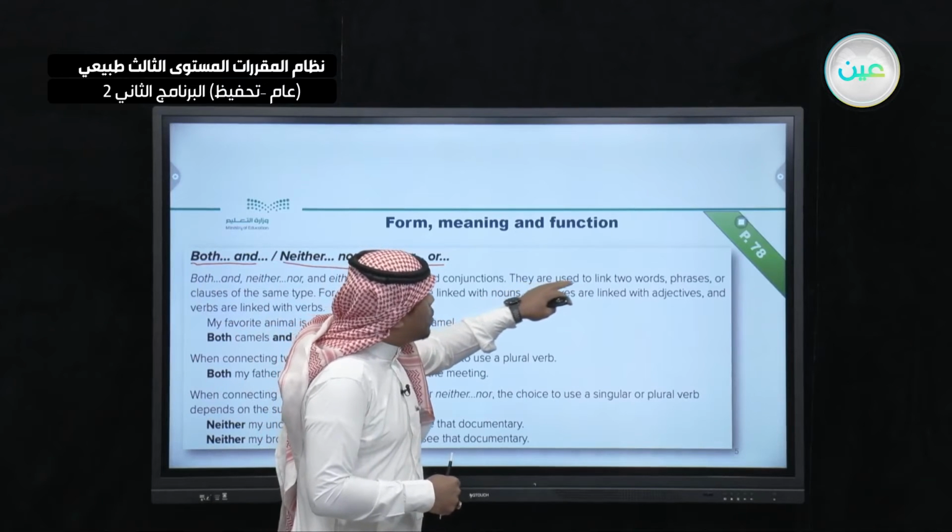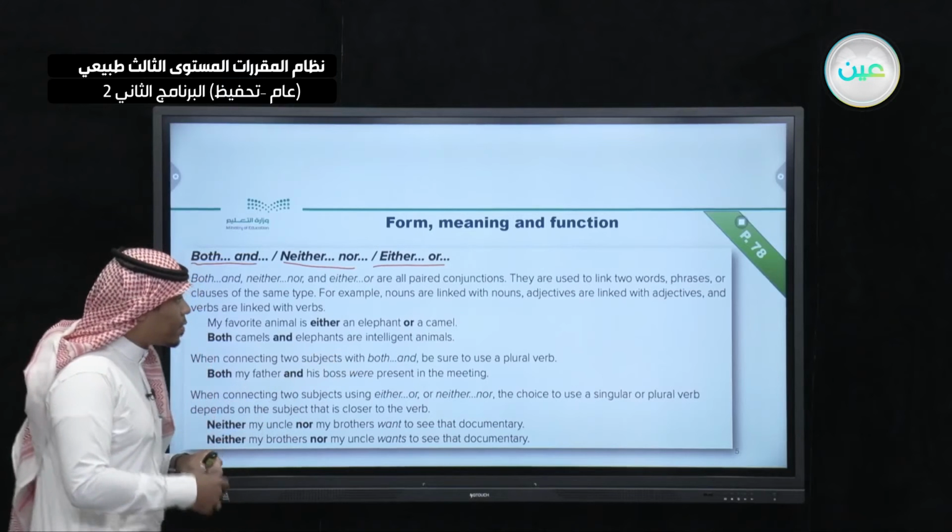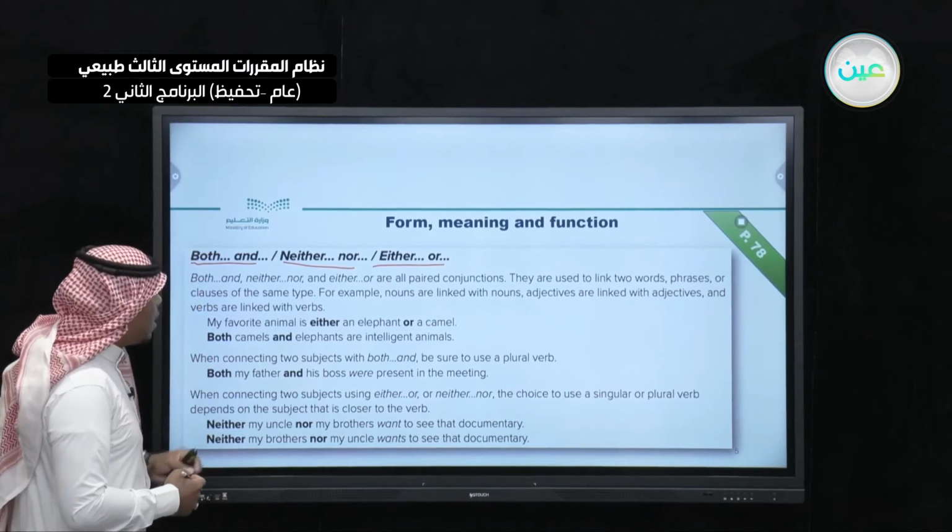They are used to link two words, phrases, or even clauses of the same type. For example, nouns are linked with nouns, verbs are linked with verbs, adjectives are linked with adjectives, and so on, okay?